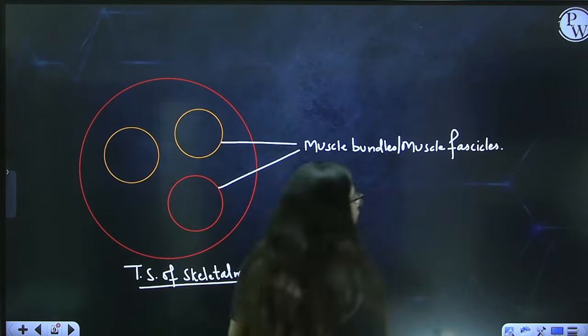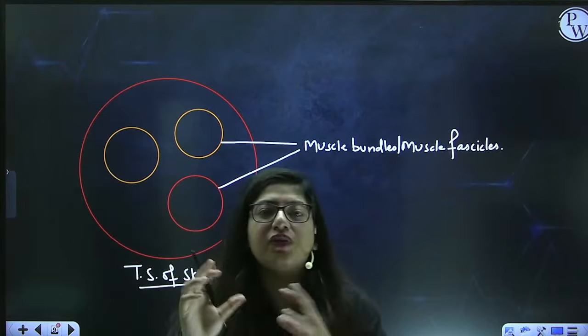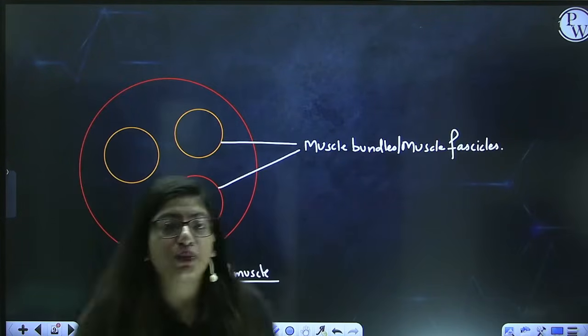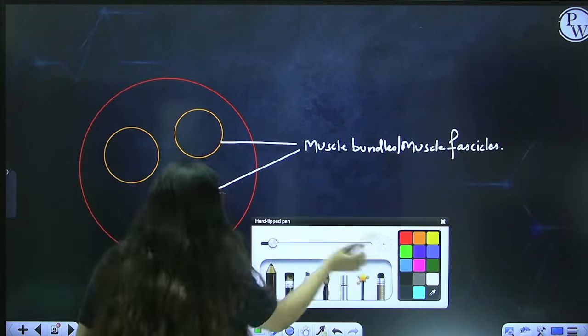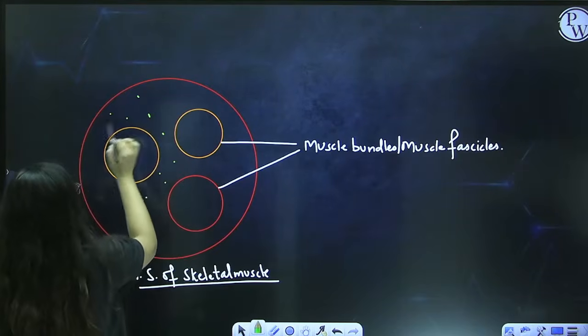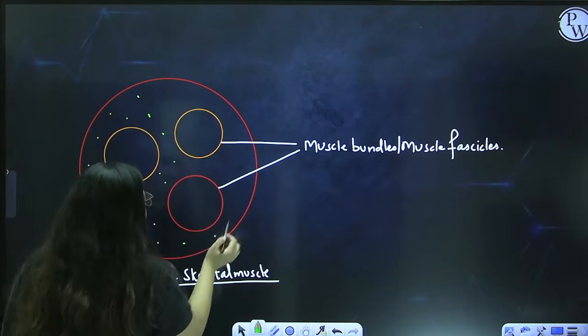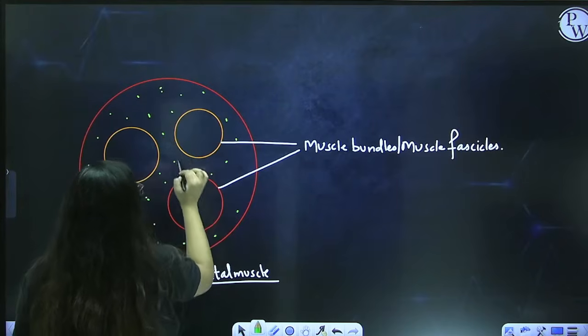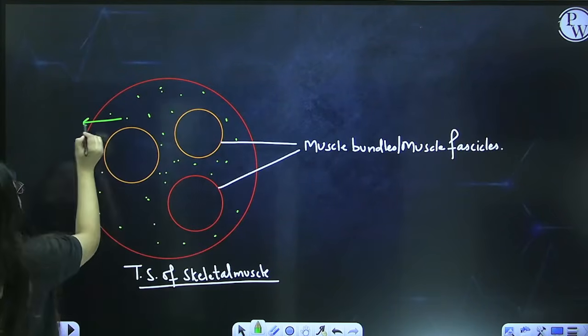Now these muscle bundles can move here and there, so there is a connective tissue present between them like this. You call this connective tissue fascia. So this is fascia.